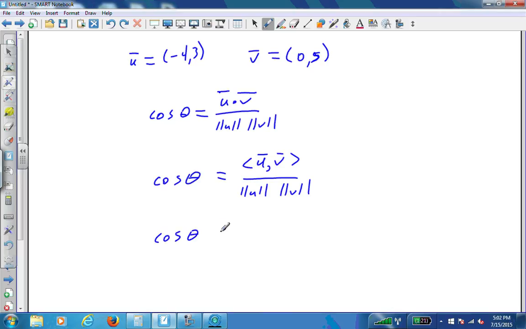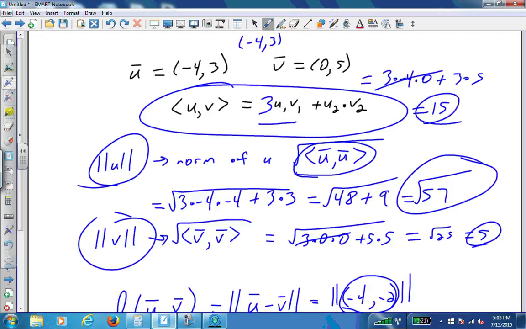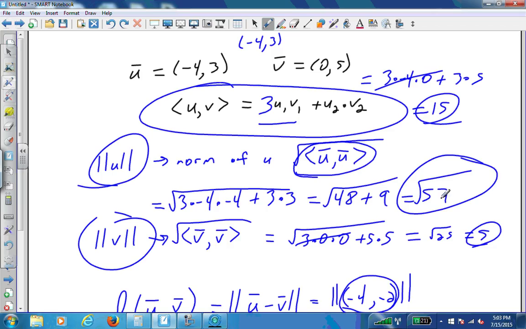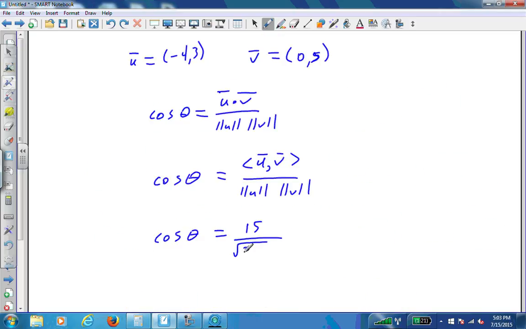So cosine theta for this inner product is 15, 15 is our inner product, divided by the magnitude of u, square root of 57, times the square root of 25, which was 5. 5 and 15 reduce. So cosine theta is 3 over root 57.